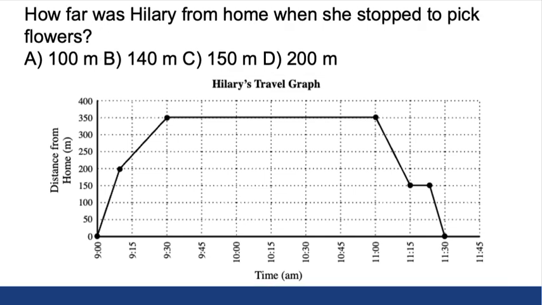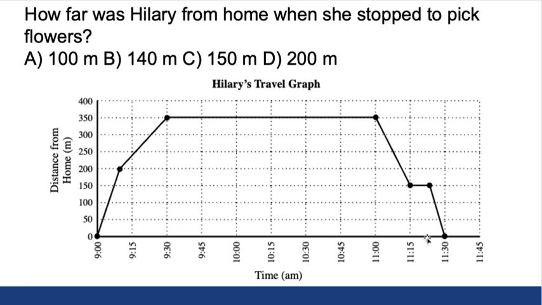Two more questions, guys. How far was Hillary from home when she stopped to pick flowers? Remember, she stopped a little bit on her way back, and that would be this part right here, from 11:15 to right here. 11:15 is here, 11:30 is here, so this is 15 minutes.